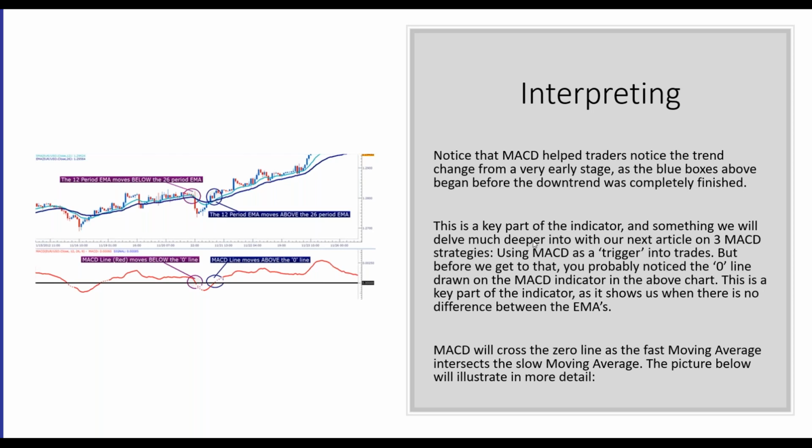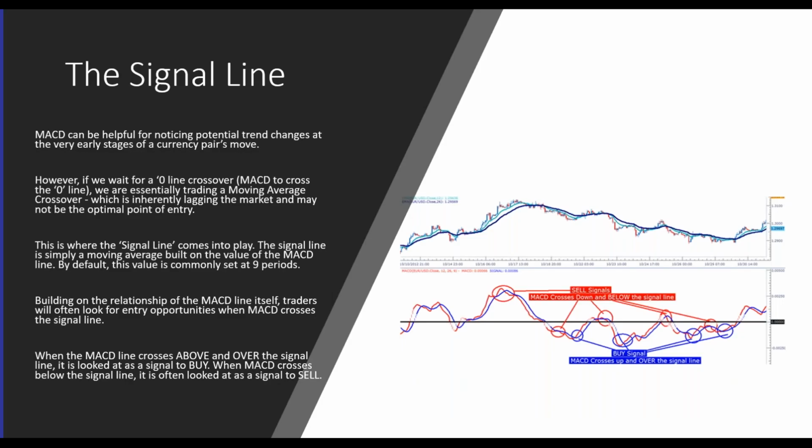So when the lines below are at the 0 line, we know that the MACD lines are equal, so we're expecting a crossover in one direction or the other. MACD will cross the 0 line as the fast moving average intersects the slow.